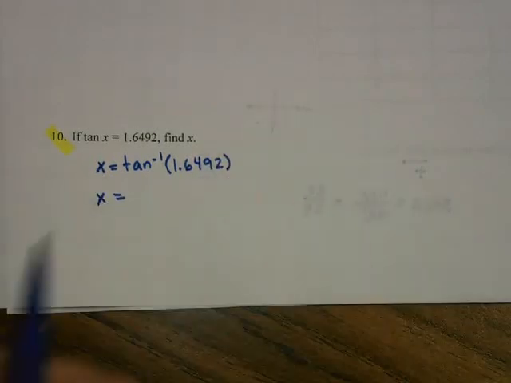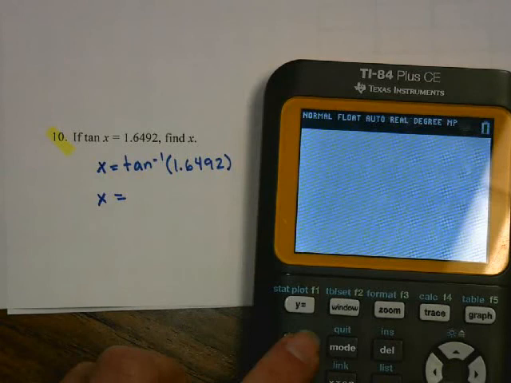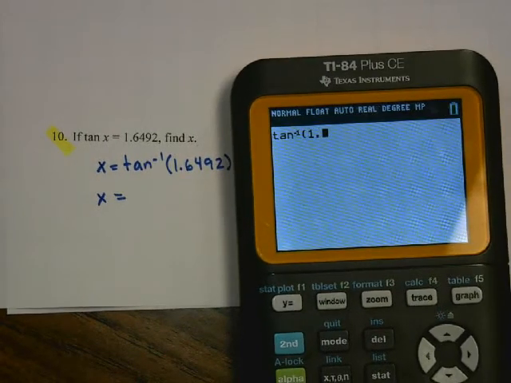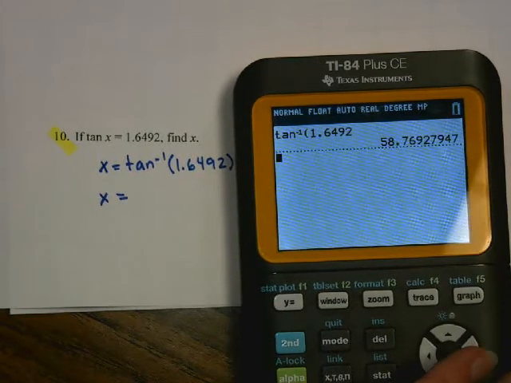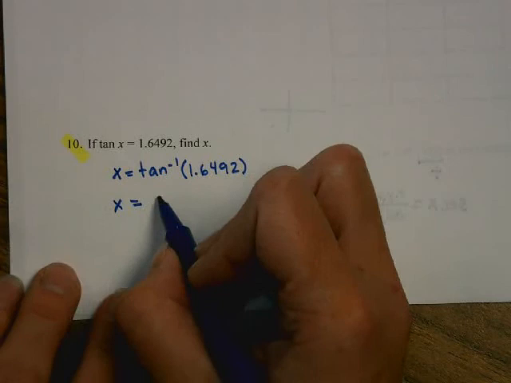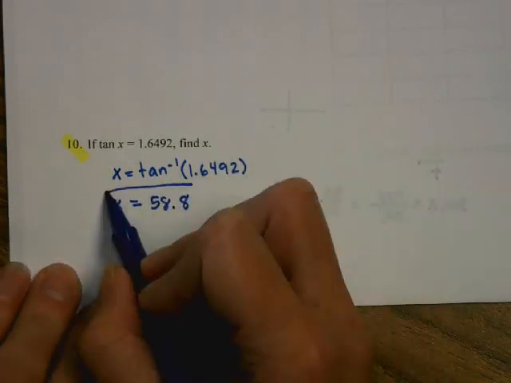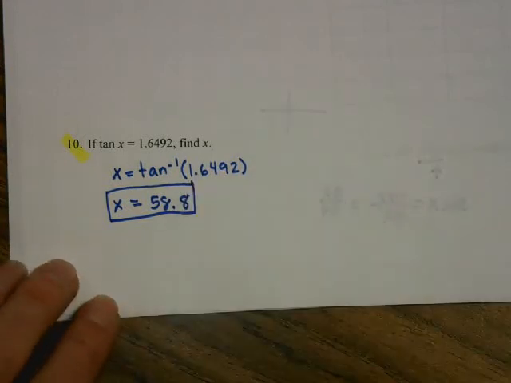On the calculator, we will press second tangent, 1.6492, and that is our angle. So we have 58.8 as our answer there.